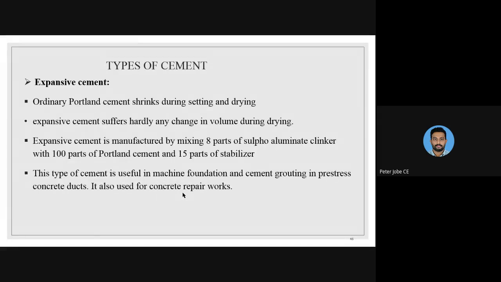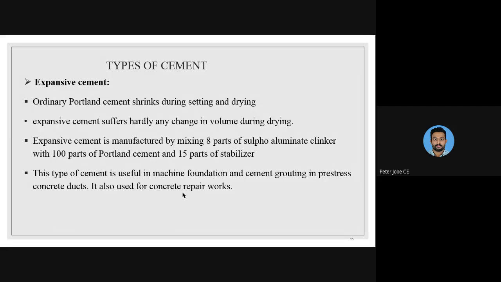Next type is expansive cement. Ordinary Portland cement shrinks during setting and drying. The volume of the concrete or cement mixture will shrink as a result of setting and drying. When cement mixes with water and reacts, after drying the volume gets reduced.